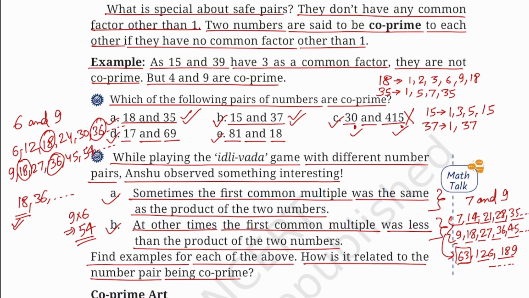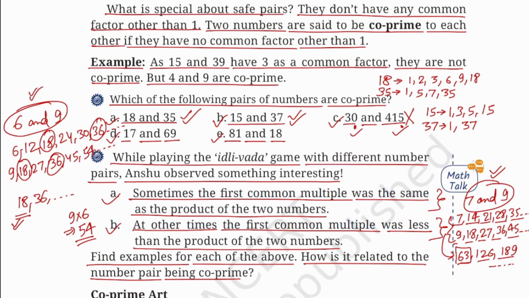This happens because they are not co-primes. In the first example, 7 and 9 are co-primes. In the second example, 6 and 9 are not co-primes. If we take numbers that are co-primes, the first time we will say idli vada is the number that is the product of those numbers, that is 7 and 9.